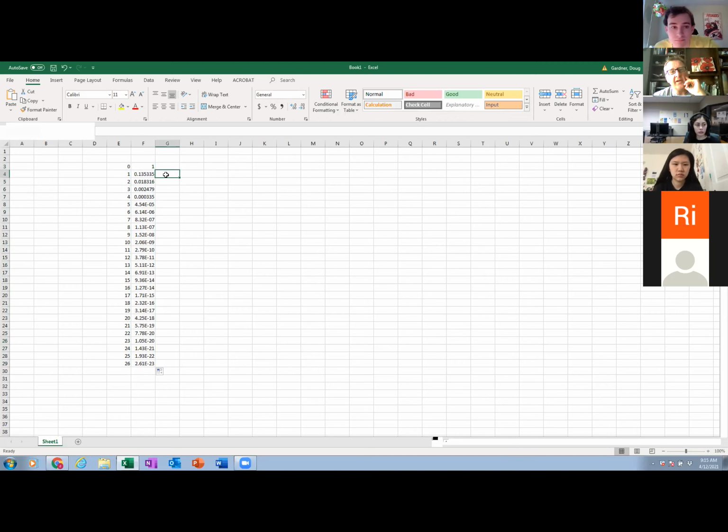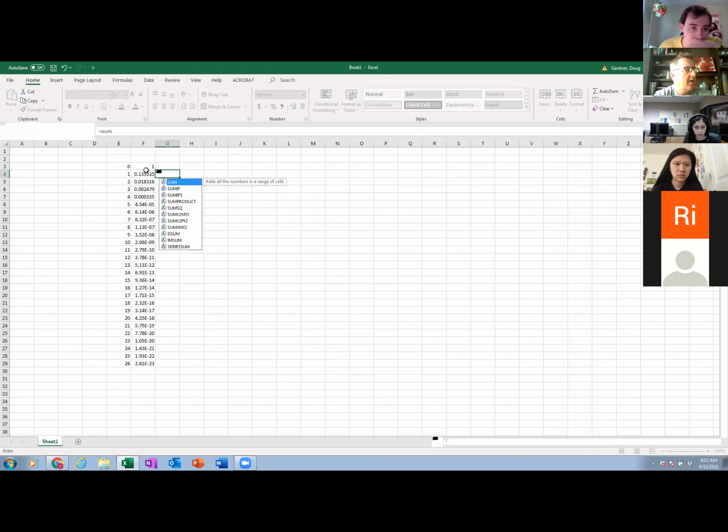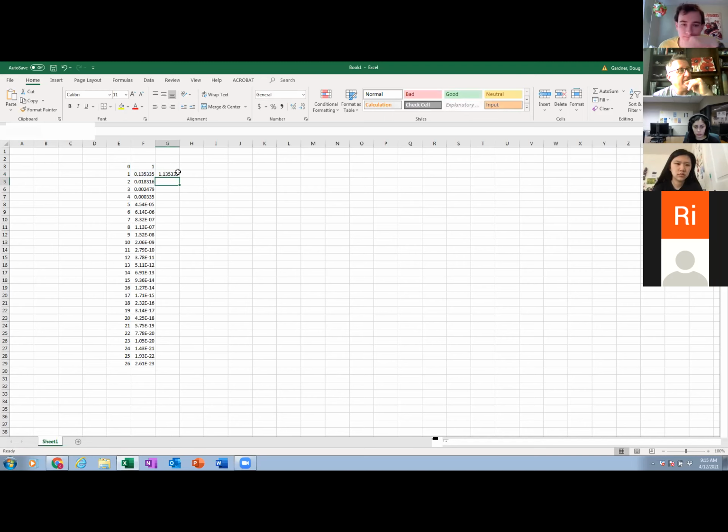Here's something kind of cool too, a neat shortcut, but watch this. If I say this cell is going to equal the sum of these two cells added together, notice it puts a colon between them. So then there's the sum of the first two numbers. But I always want to start at F3.